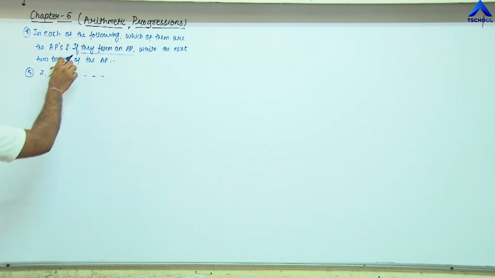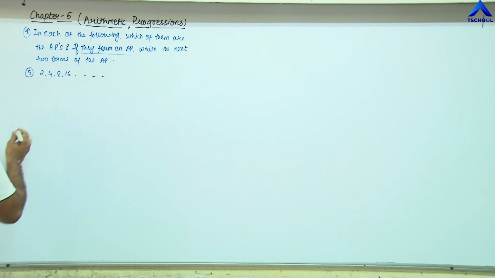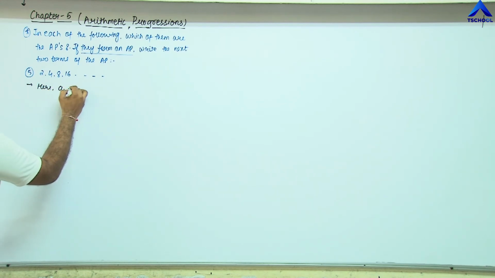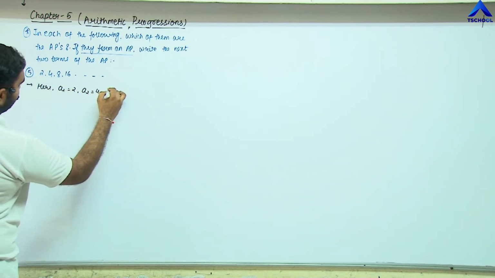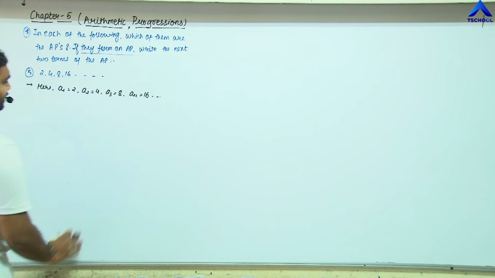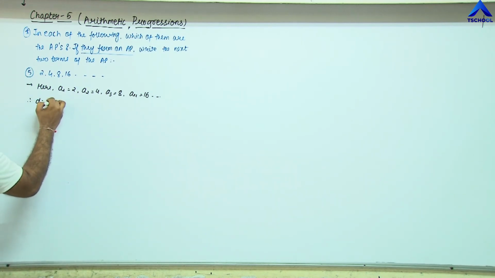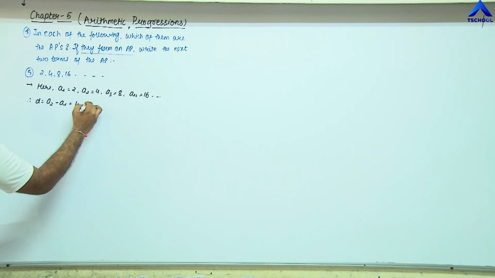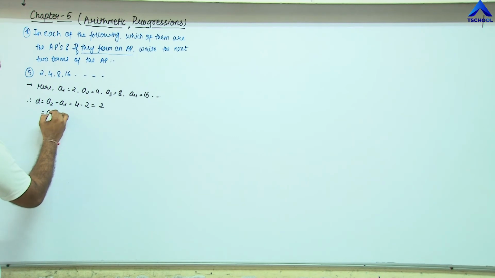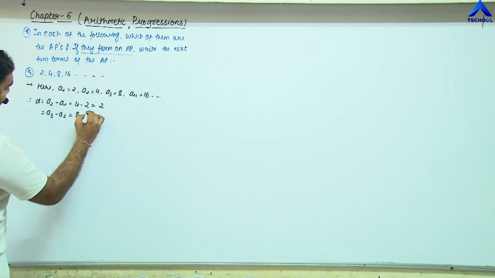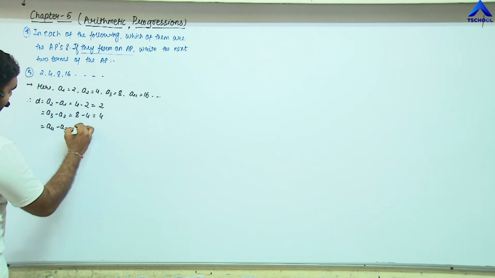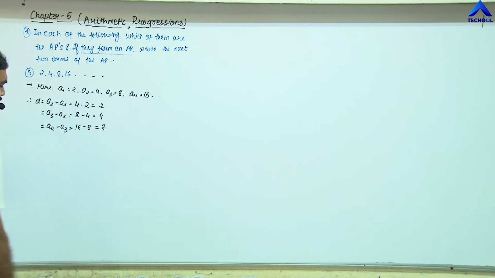So that is the list of numbers here. Now here a1 equals 2, a2 equals 4, a3 equals 8, and a4 equals 16. Therefore d equals a2 minus a1, that is 2, right, which is a3 minus a2, 8 minus 4, that is 4, also a4 minus a3, that is 16 minus 8, is equal to 8.